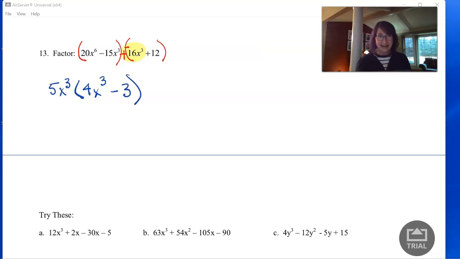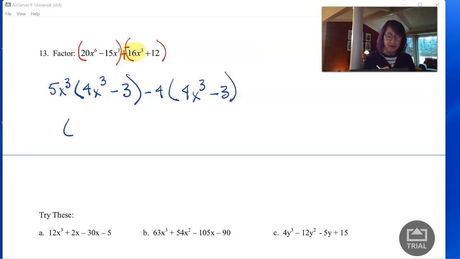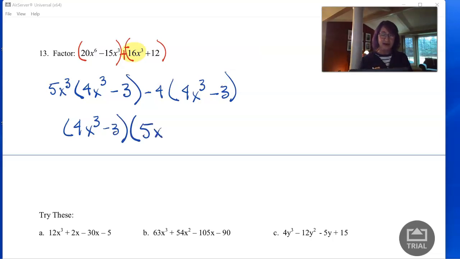Out of that second pair, I can take out a negative 4. And so then I am left with a positive 4x cubed minus 3. My binomials match, so I'm going to pull out a 4x cubed minus 3, and then everything that's left over would be 5x cubed minus 4.